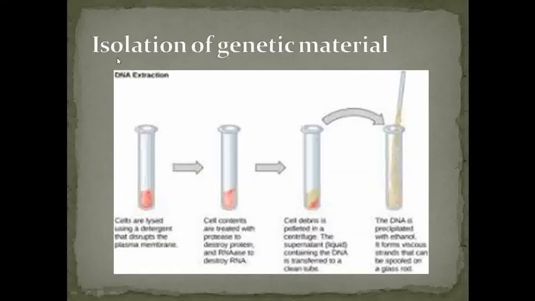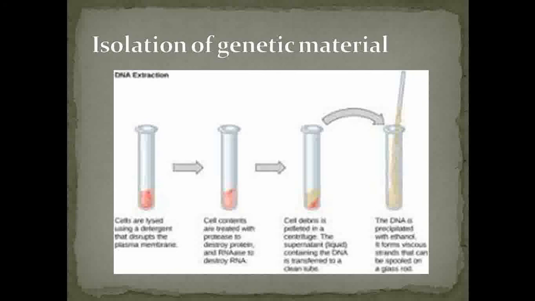See here, in the first step, that is the isolation of genetic material, you can use the different processes of DNA isolation. You can use the enzymatic method. You can use several kits to isolate the DNA from plant, animal, or bacteria.